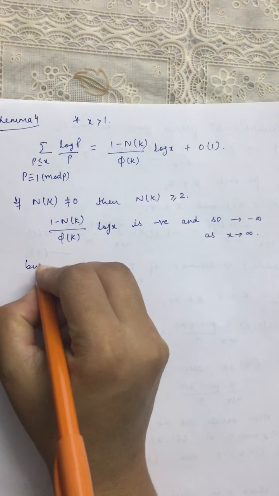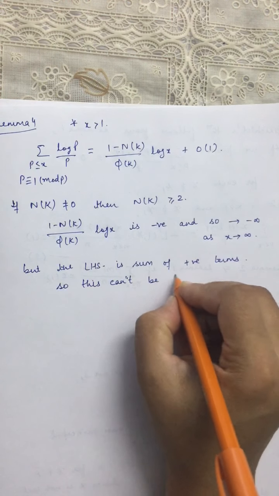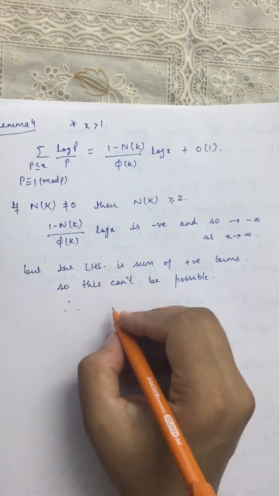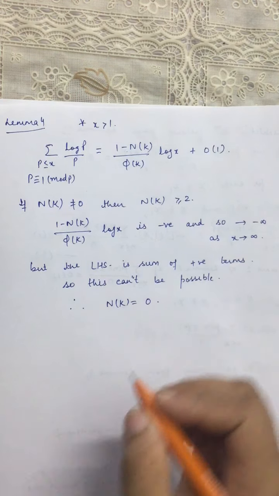But the left hand side is a sum of positive terms, so this cannot be possible. Therefore n_k must be 0.